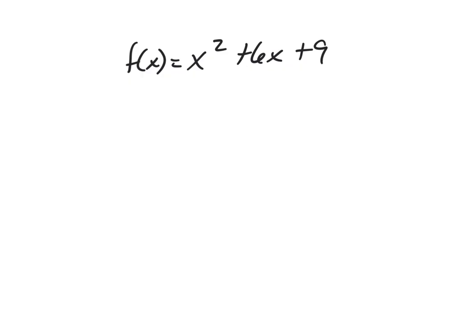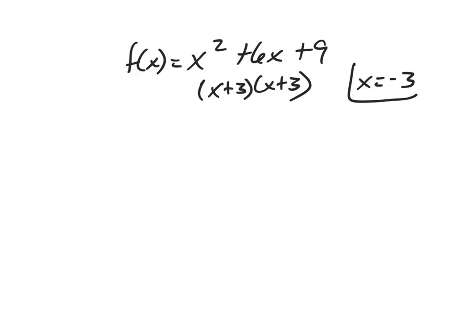There is no GCF, so if I factored this out, what would be the two factors of this polynomial? What multiplies to get 9 and adds to get 6? 3 and 3, right? So we're going to go x plus 3, x plus 3. Well, because they're the same thing, then my 0, or my solution here, would be x equals negative 3.